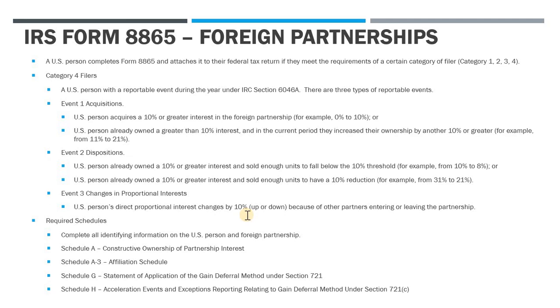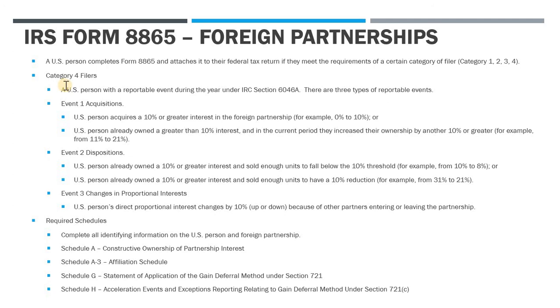I haven't acquired or disposed of any of my units, but because of that person coming in, that ownership entry likely diluted my overall ownership in the company. And so it's the dilution that creates that proportional interest change. So if I have a change in proportional interest because somebody's coming in and out of the partnership during the year, then that'll be a reportable event under 6046 Cap A, and so I've got to report that on an 8865. So those are the 3 types of Category 4 filers.